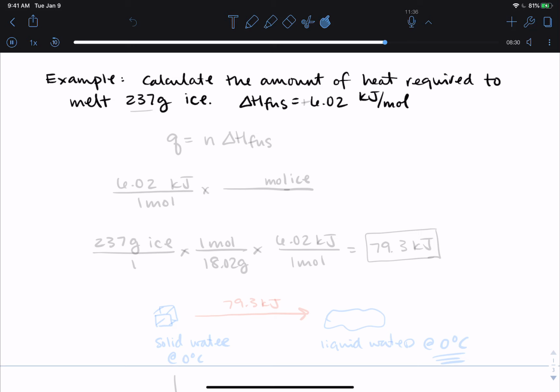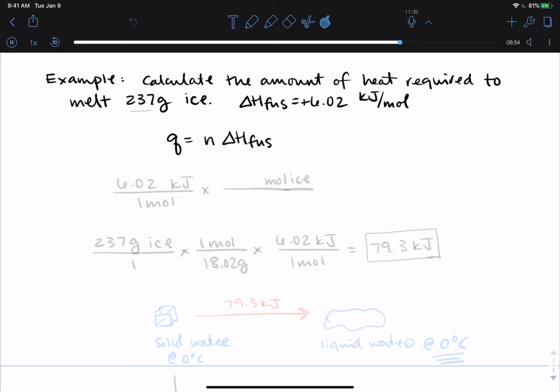If we are melting, we're going from a solid to a liquid, we have to put energy in. This is going to be the positive version. So we have kilojoules per mole. The amount of heat required for this is just the number of moles of ice times the delta H of fusion.